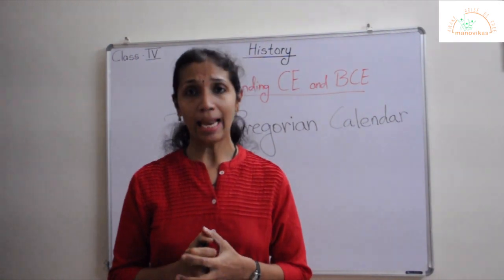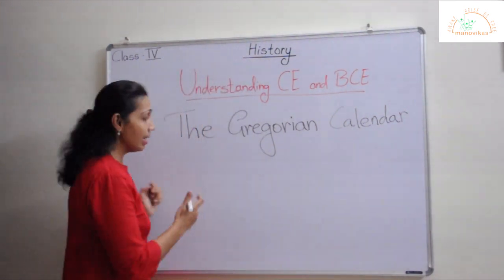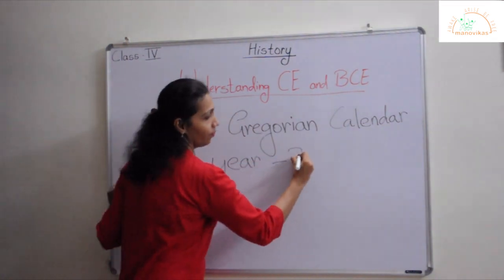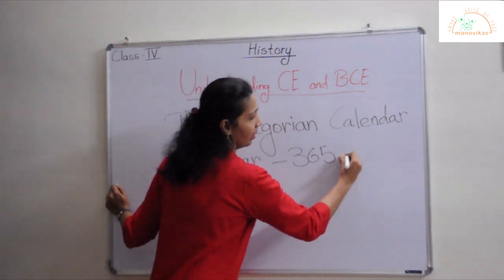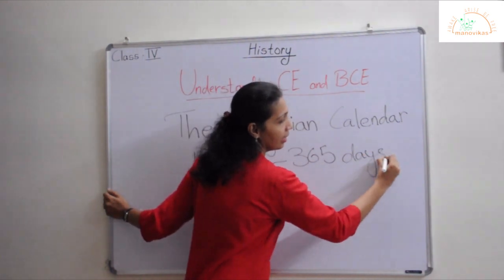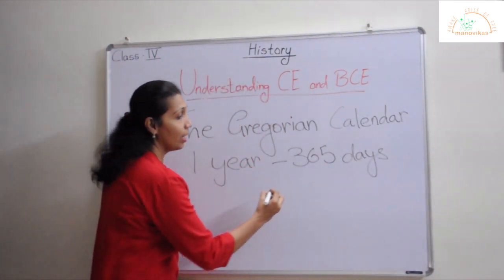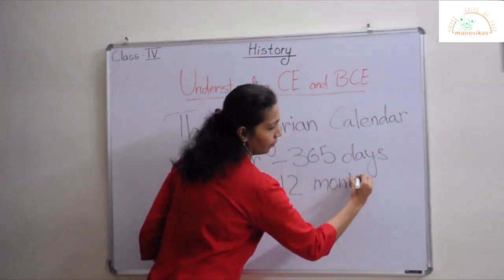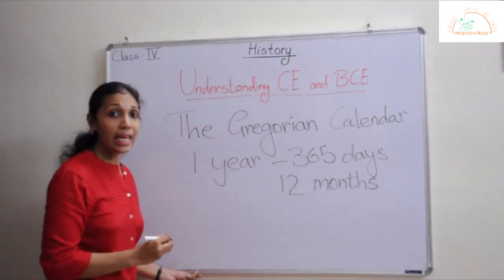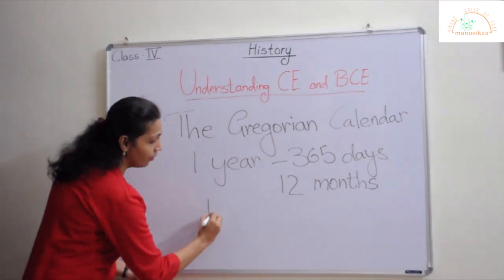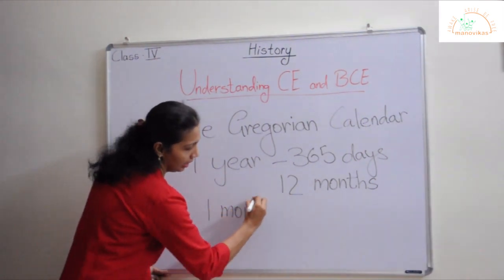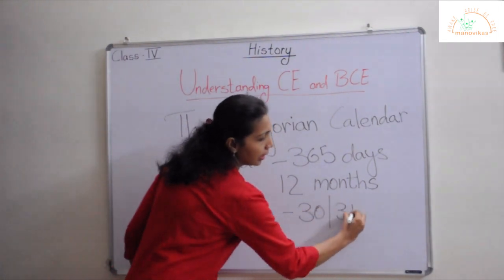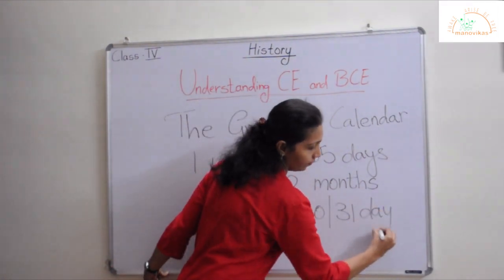According to this calendar, a year has 365 days. These days are further divided into 12 months. In each month we have 30 or 31 days.